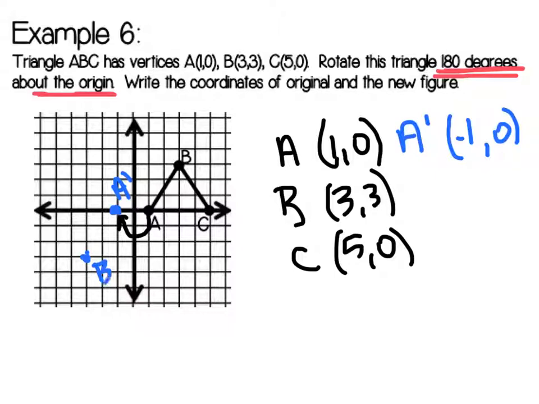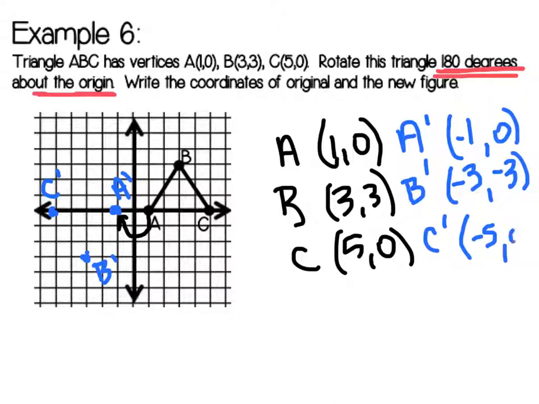This is the image of B. That ordered pair is at -3, -3. And our last one, point C, is going to rotate all the way to this side. It was at 5, 0. Now the image of C is going to be at -5, 0.